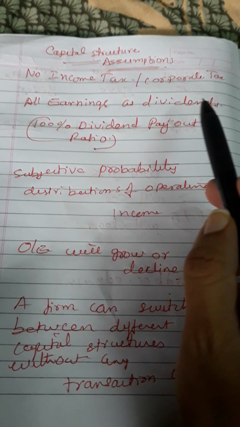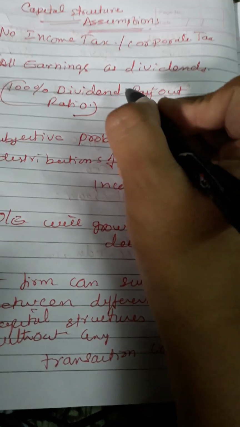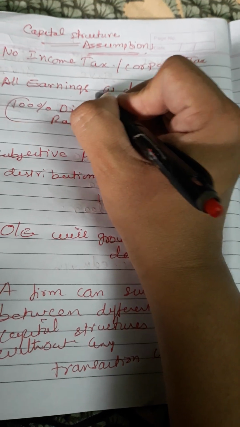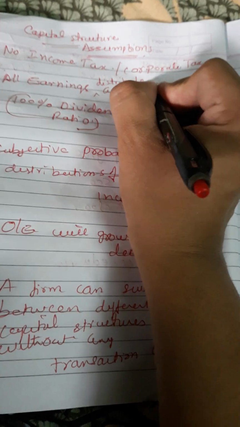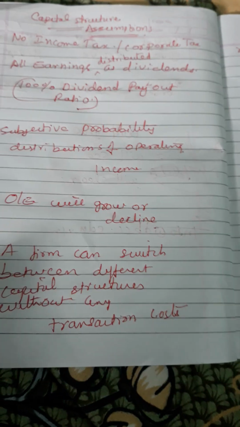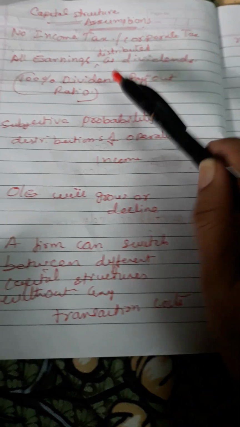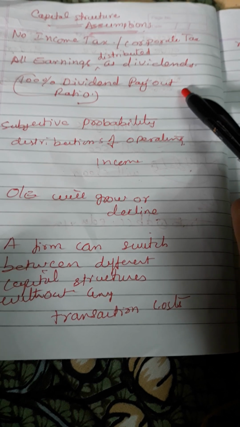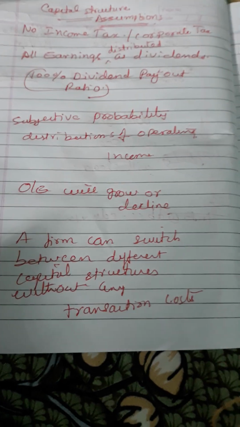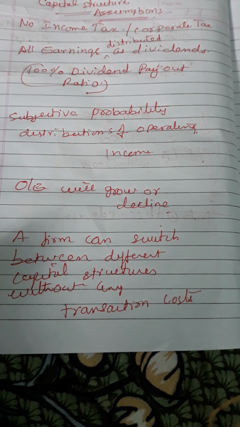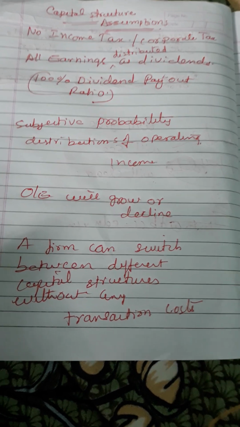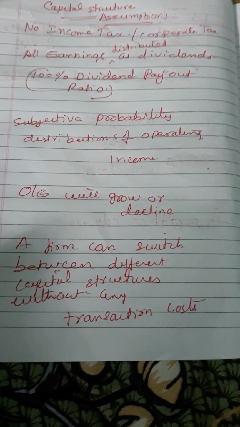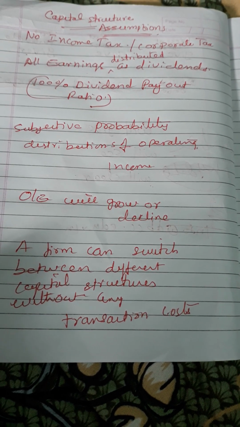All earnings are distributed as dividends. Otherwise, we can restate this as a 100% dividend payout ratio. Next, the subjective probability distributions of operating income. That is, the operating income can be distributed with different probabilities, different chances.